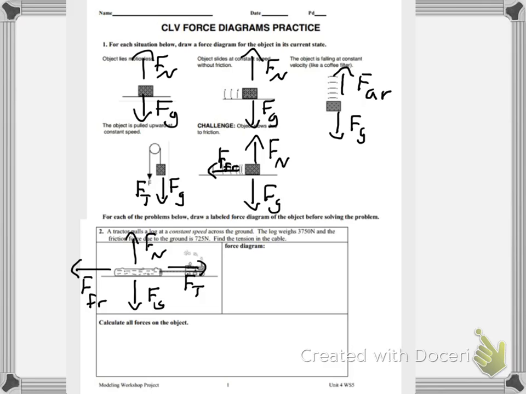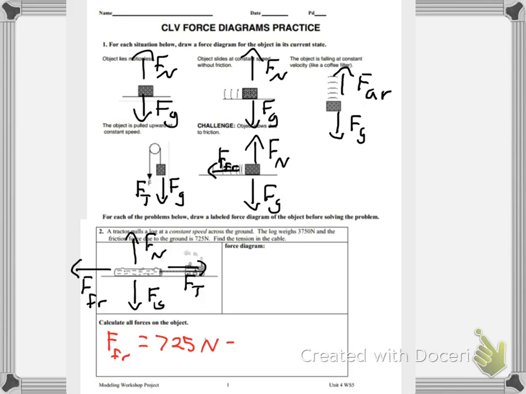Now since it's moving at a constant speed, these forces are equal and opposite, they're balanced. And now when we go to find the tension in the cable, we know that the force of friction here is 725 newtons. And the force that is counteracting that to be balanced, to keep it moving at a constant speed, is the tension in the rope.